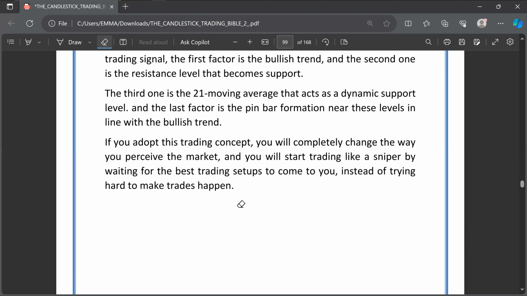Right? So a sniper does not waste what? Bullets. A sniper does not waste bullets. What they do is they wait for the best opportunity to strike. They don't waste bullets. So that is what it means.